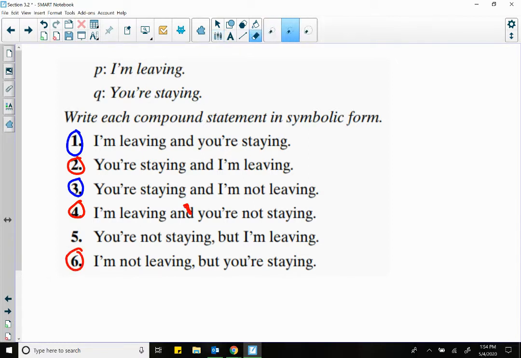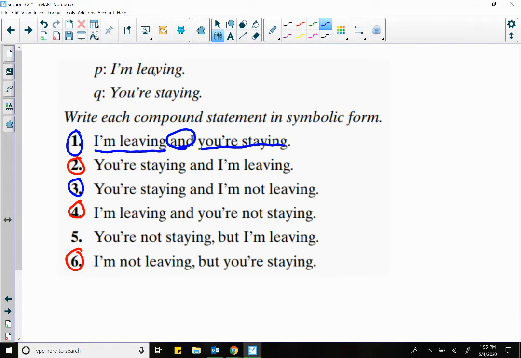All right, so number 1, here's how the notation works. So I'm leaving. That's my first statement. Oh, I see the word and. I circle that because it is one of my compounds. You're staying. That's a statement. Now, in the directions up here, they tell you some things about the statements.